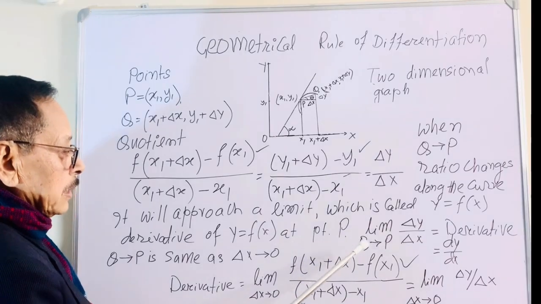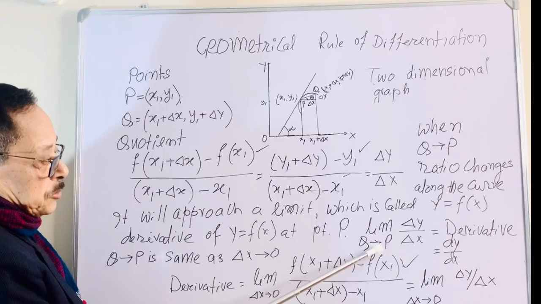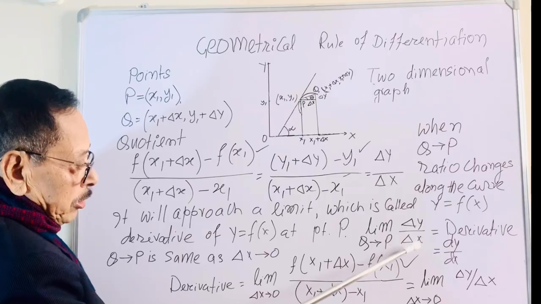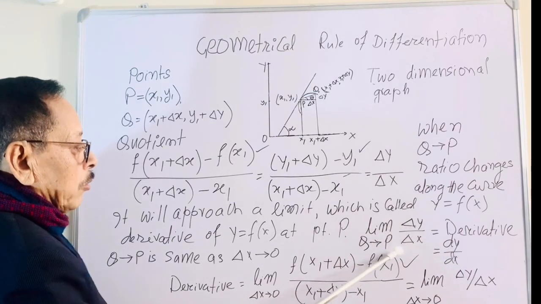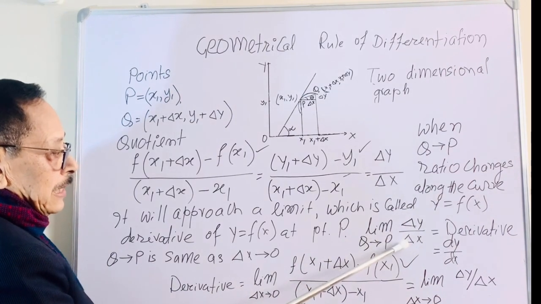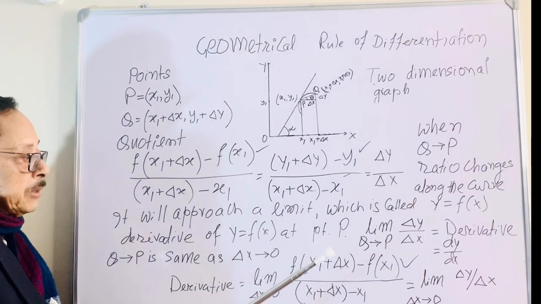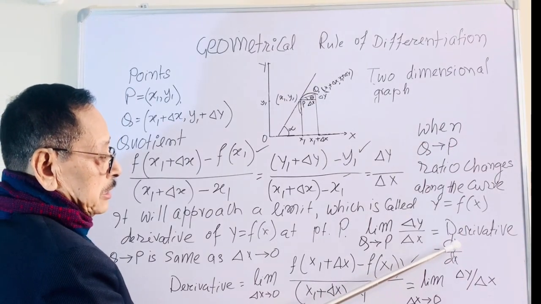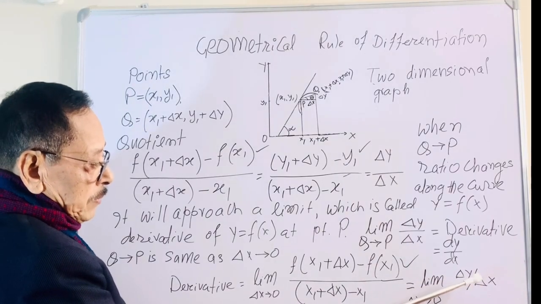When q approaches P, this is equal to dy by dx. Generally, when we put the limit, we express delta y by delta x as dy by dx. So in every book you will find the derivative expressed as dy by dx, not delta y by delta x.